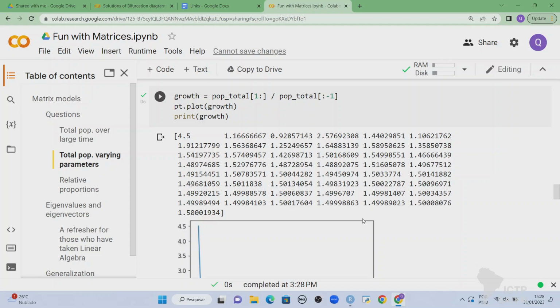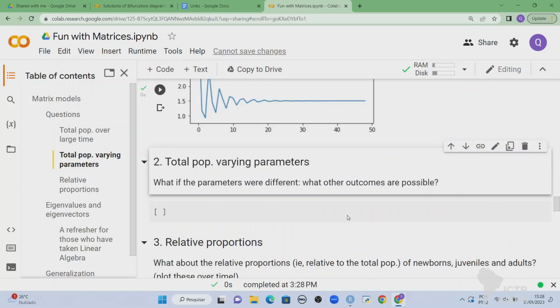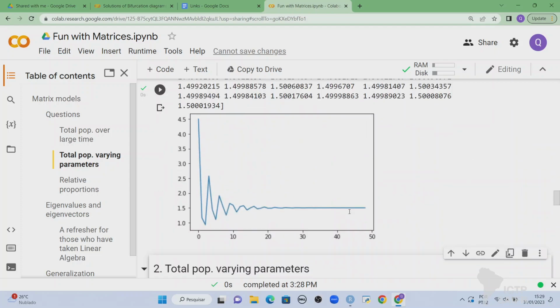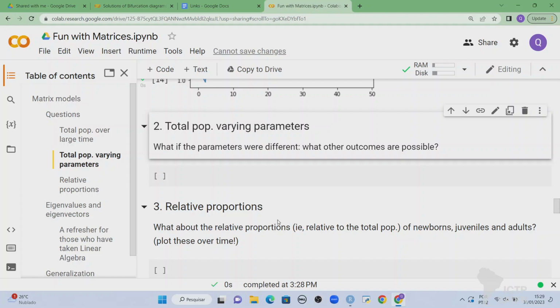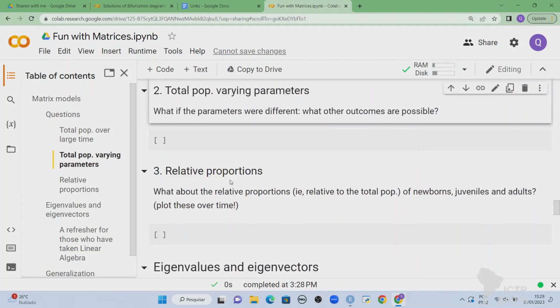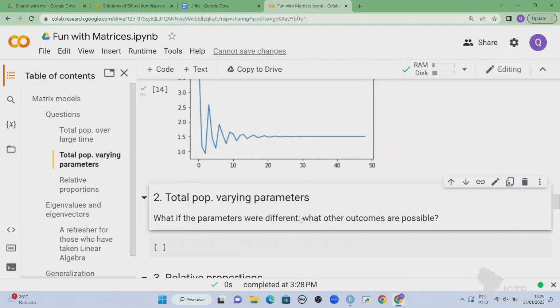Okay, in the third one, we have to do the same growth equation, but for the three of them. I'll get there in a bit. But then I want to look at the relative proportions instead of the total population. Oh, okay, sorry. I thought you were asking about this.